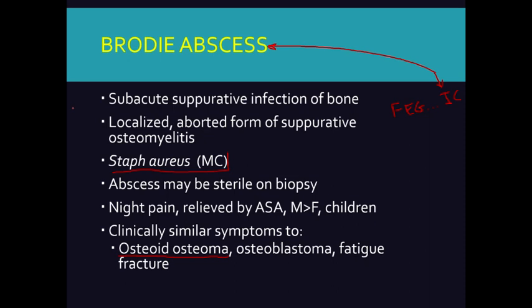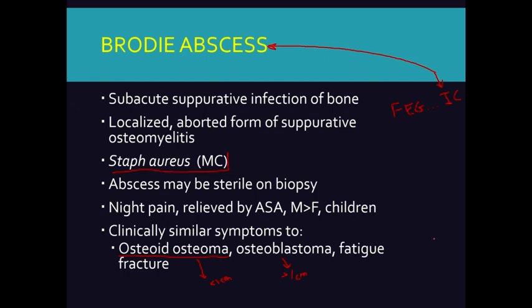If you remember, with osteoid osteoma, the nidus is 1 centimeter or less. Brodie's abscess and osteoblastoma can get bigger. So this one is less than 1 centimeter. This one is greater than 1 centimeter. So that's where these differentials come from.